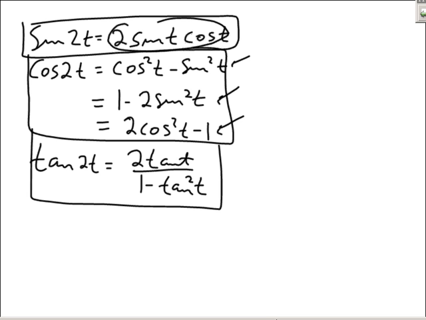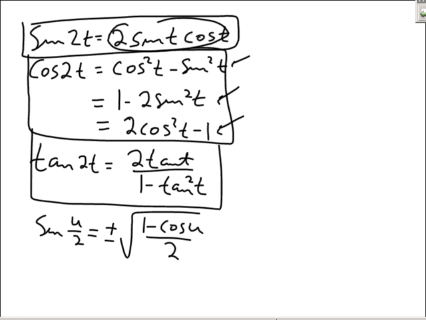The half angle formulas say the following. The half angle formula says the sine of u over 2 is equal to plus or minus, and you need to decide if it's plus or minus, the square root of 1 minus cosine of u over 2.